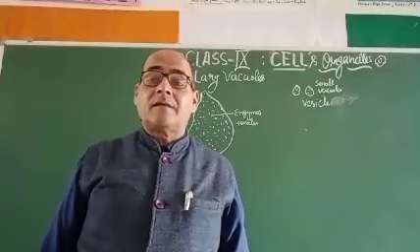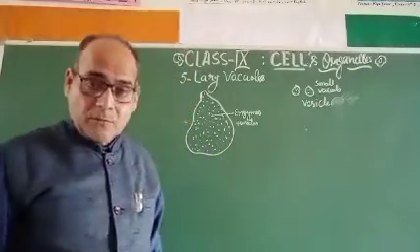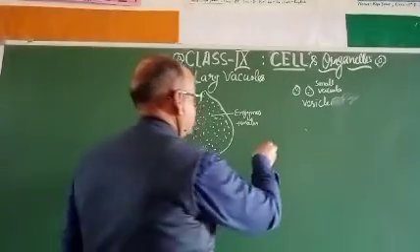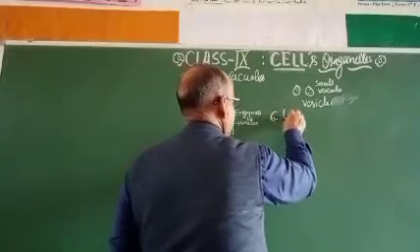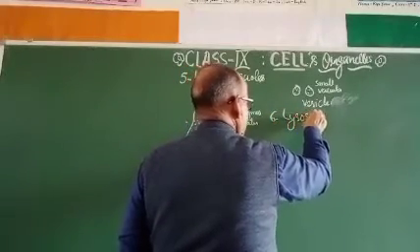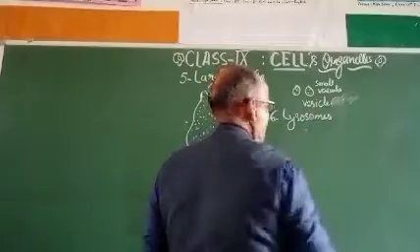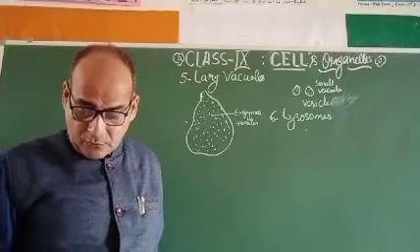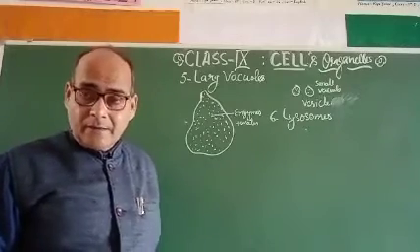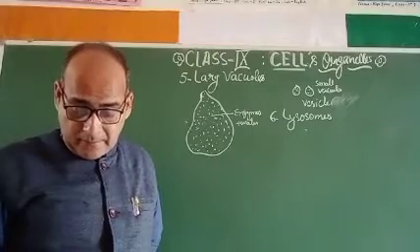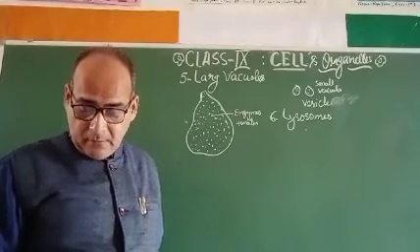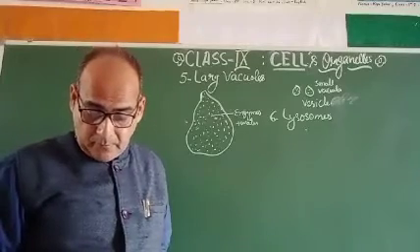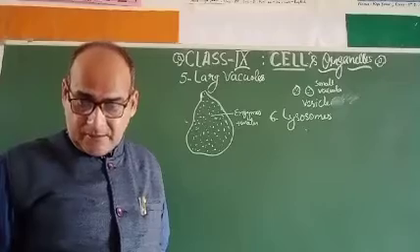Dear student, come to the next, that is the lysosome. Lysosome is found in animal cells. 6, that is lysosomes. So lysosomes are called the suicidal bag. They are found in animal cells, and it digests the whole cell with itself if the cell is disturbed in its metabolic activities.